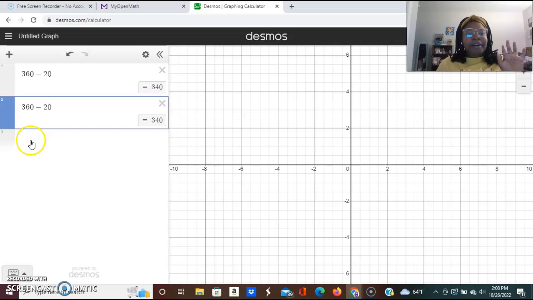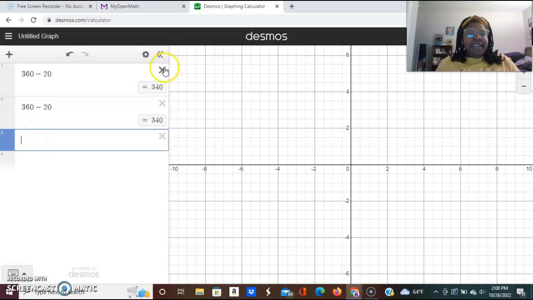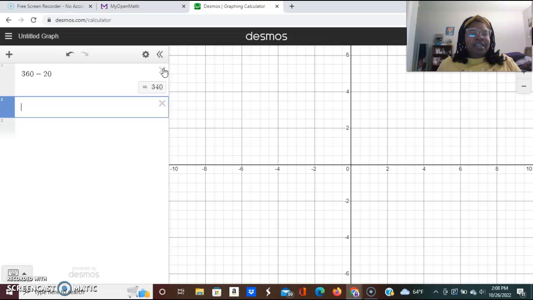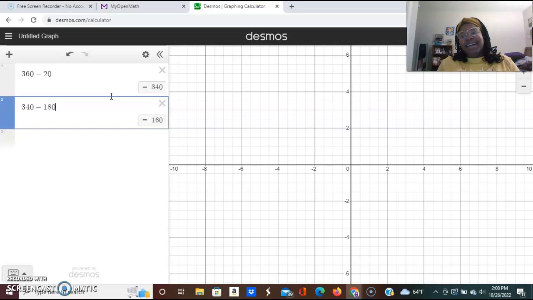Watch, your girl's gonna work her magic. Let me erase this upper part so you don't get confused. So we got 340 degrees, and then we're just gonna subtract 180, and you get 160. So that's your sine.